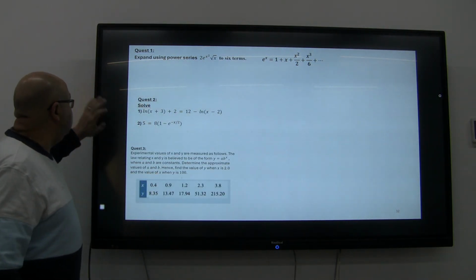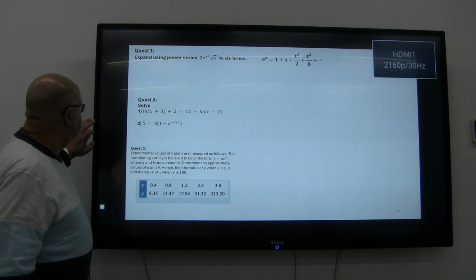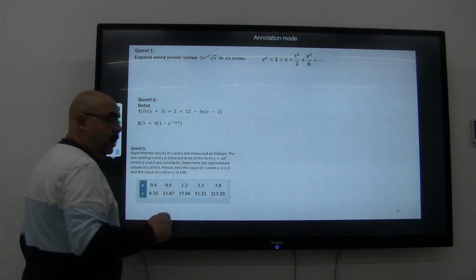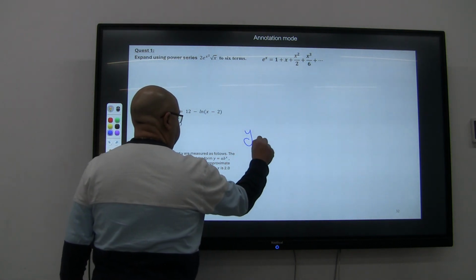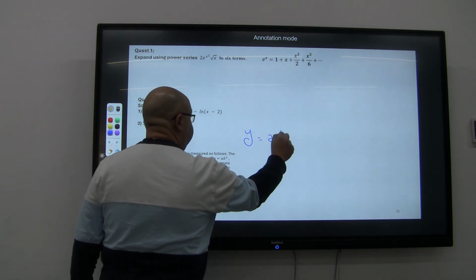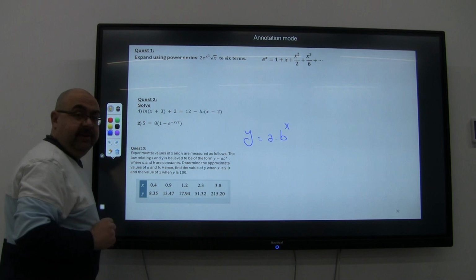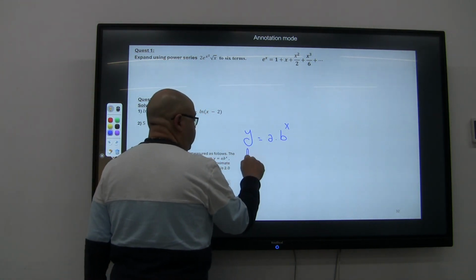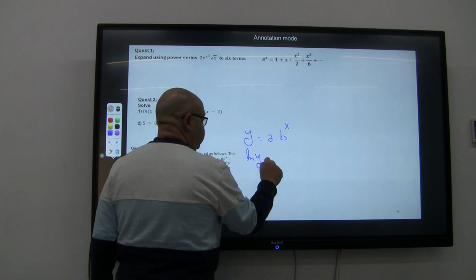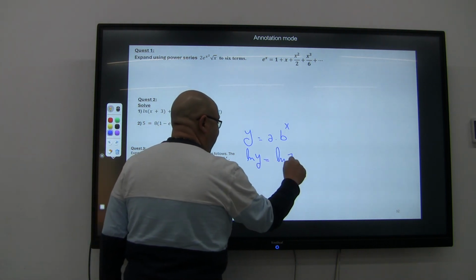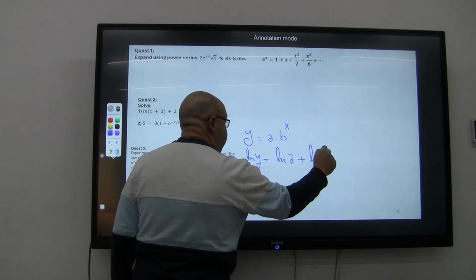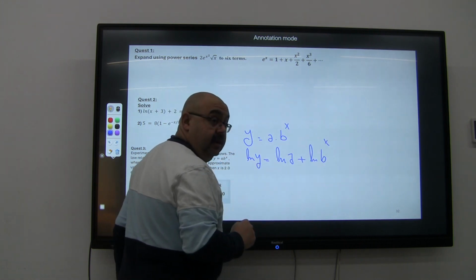All you have to do. I have y equals a times b to the power of x. Use ln. Once you use ln, it's going to be ln y, which is going to equal ln a plus ln b to the power of x.